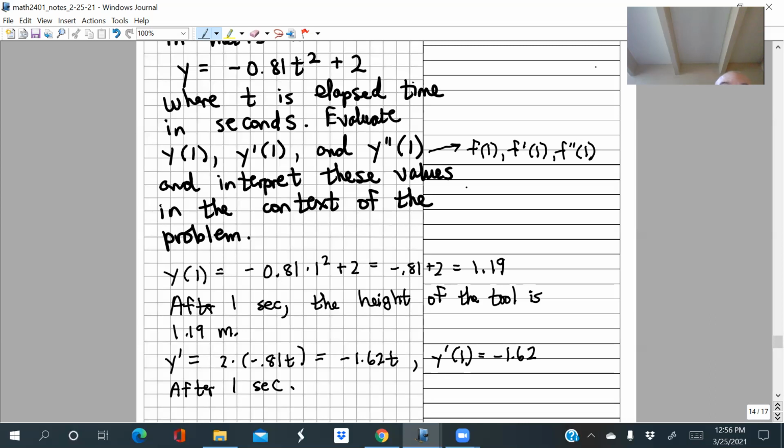But after 1 second, what is the case? How do we interpret that rate of change? We practice this a lot now, so y'all should be very good at saying what that means. Remember, the first derivative is often interpreted physically as velocity. If you remember that idea, it's very easy to explain what the minus 1.62 means.